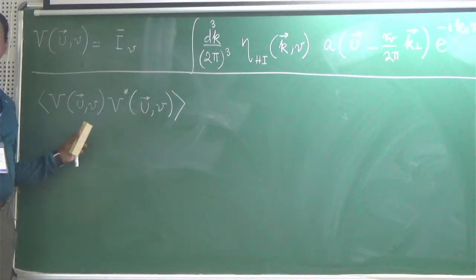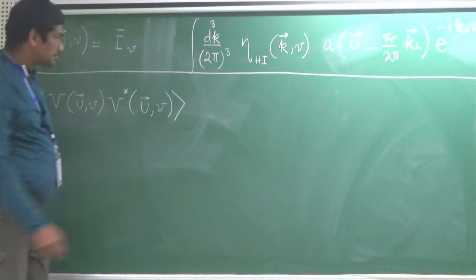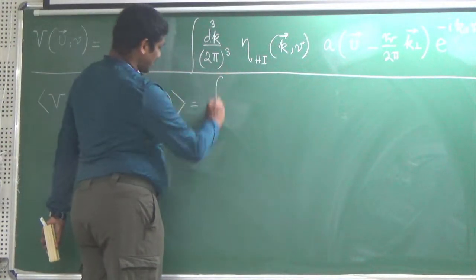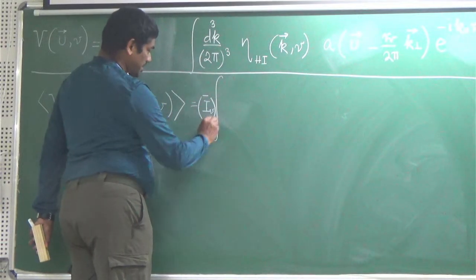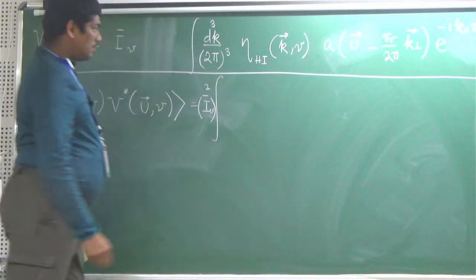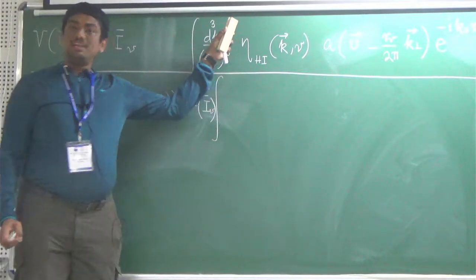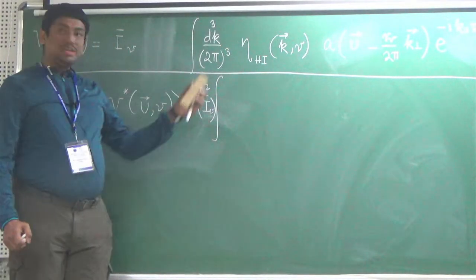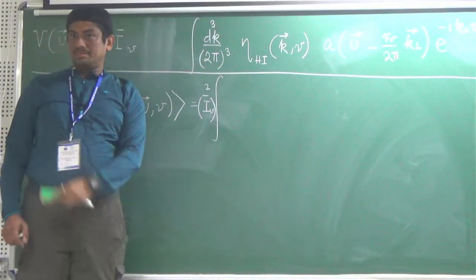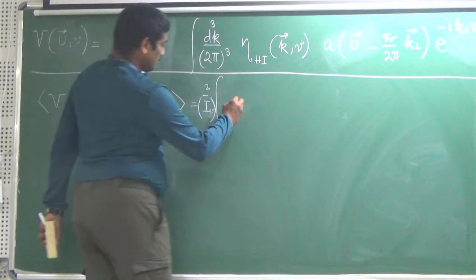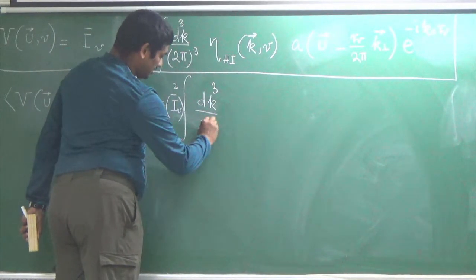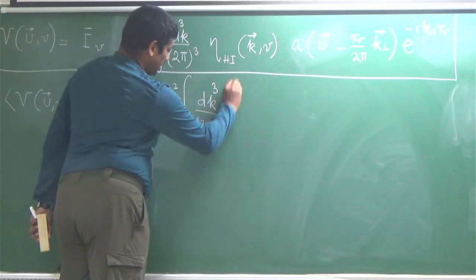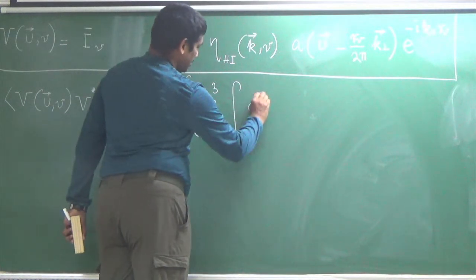It's essentially mod squared, so I will have a I nu squared outside. And remember that this k is an integration variable. So when I write two integrations, I need to choose two different ks. One I will call k, the other I will call k prime.